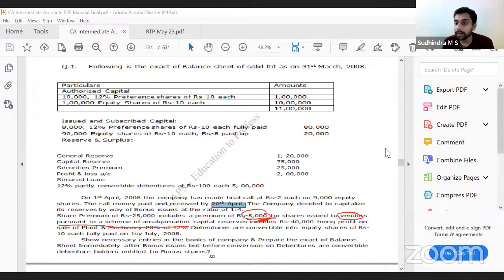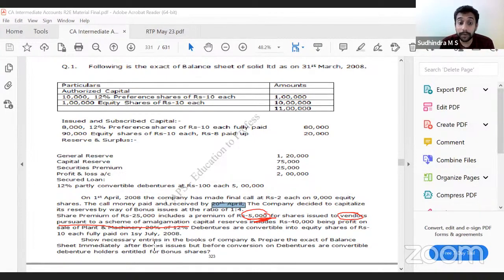So it was amalgamation of a company, and based on that, shares were allotted at a premium. That securities premium is not received in cash. It was received by virtue of purchase of business. So can we use that securities premium? It depends upon whether it's a listed company or not. The question is silent. Therefore, we have to presume. Assume that it is listed or otherwise, both are fine. Okay, sir.